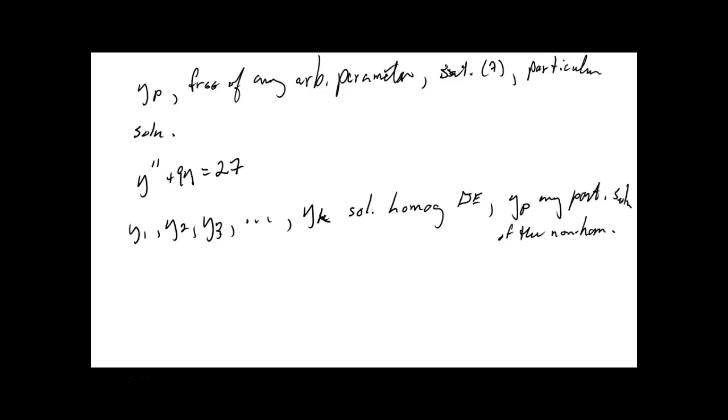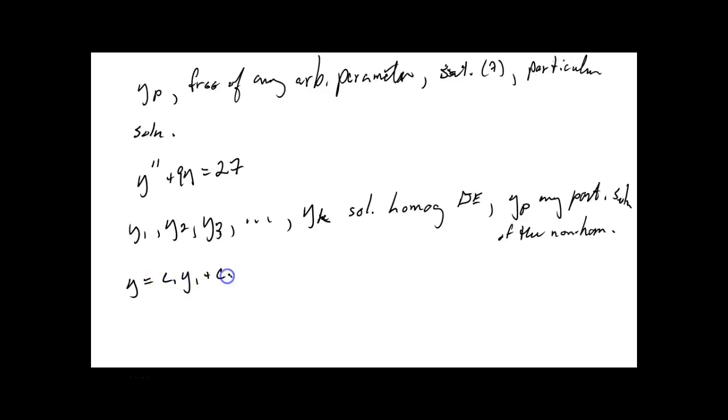Then this linear combination is also a solution. Now, we're not saying that's a fundamental set or anything else. We're just saying those are solutions, then here is another solution. Why is it? This is the superposition principle.